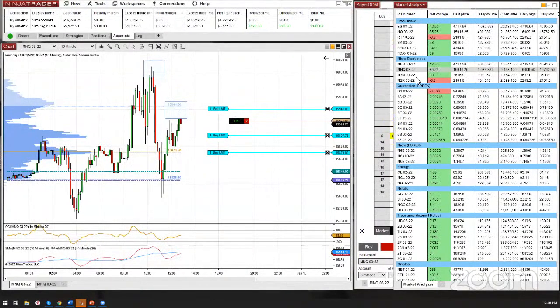As an example, with futures trading at 15,915, I'm going to multiply that by 2. I have a notional value of 31,000.